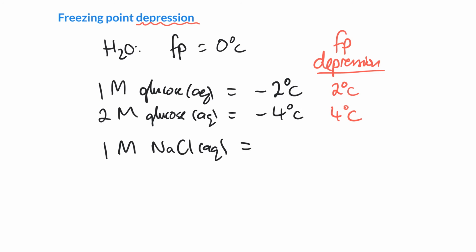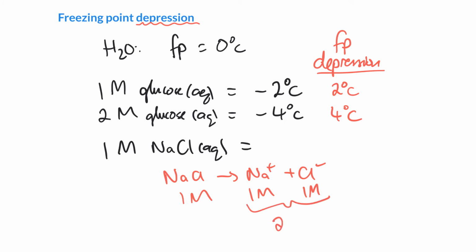So on a day, right, if we lower the freezing point and our outside temperature is above the freezing point, it'll melt. So 1 molar sodium chloride, because sodium chloride actually breaks down into 2 things, right? It breaks down into sodium and into chloride. So if this is 1 molar and it breaks down into 1 mole per liter of each thing here, that gives us a total concentration of 2 molar.